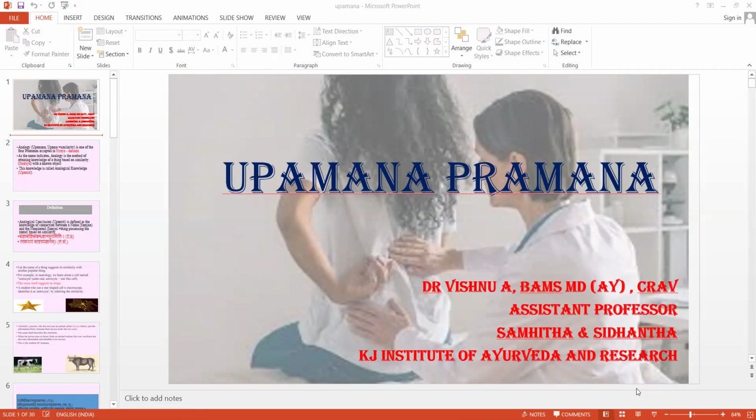But in Anumana pramana there are some different contents included, like Hetvabhasa, and some technical terms like Vyapti, Paksha, Panchavayava Vakya, and Anumana Gamya Bhavas. Upamana pramana is not that complicated. It is a very simple topic that can be completed within one or two hours at most, and questions also come from this topic.